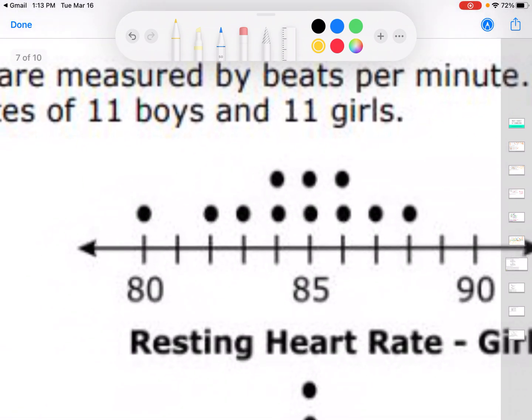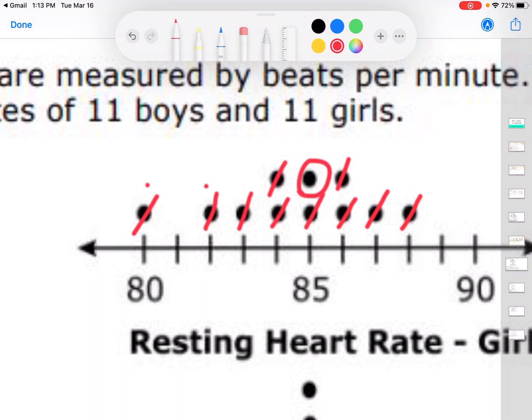So for this one, I'm actually going to use the dots and kind of show you how I would do that. So I'm going to find the median. And I'm going to double check. So I have 1, 2, 3, 4, 5. 1, 2, 3, 4, 5. So it's going to be 85 is my median.